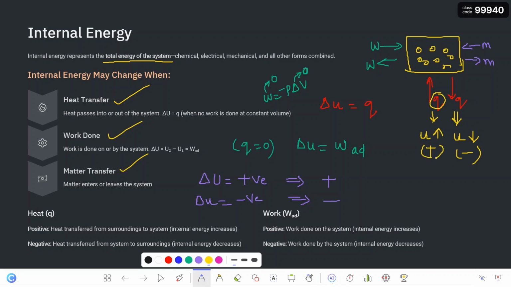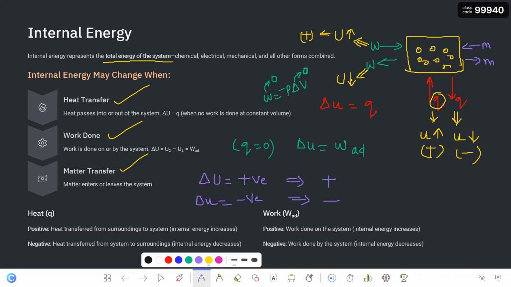Negative sign. Now in the case of work, suppose work is done on the system. When that work is done on the system, internal energy will increase. When we are doing some work on the system, its energy will increase, right? So in that case we will give the positive symbol. On the other hand, if work is done by the system, so the system is doing some work, in that case its energy will reduce.